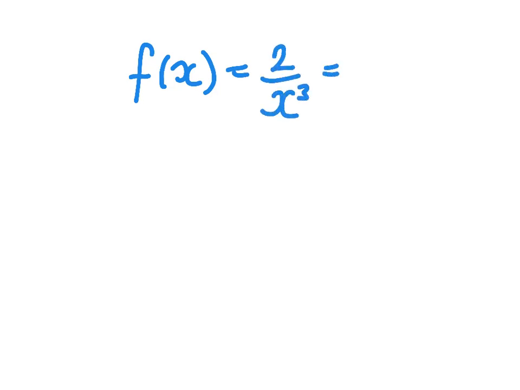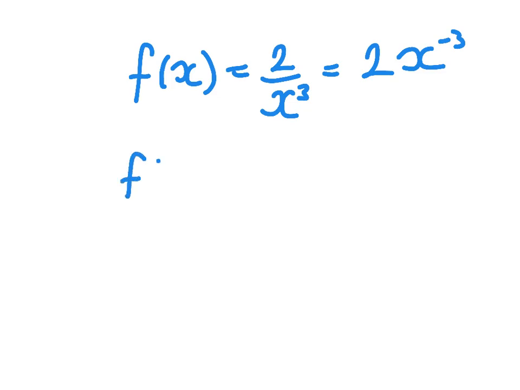Okay, number 3, this time the function is 2 over x cubed. We're going to need to prepare this because x is on the denominator of a fraction and we can't have that. So to bring it up, we're going to make it a negative indice. So I've got 2x to the minus 3.